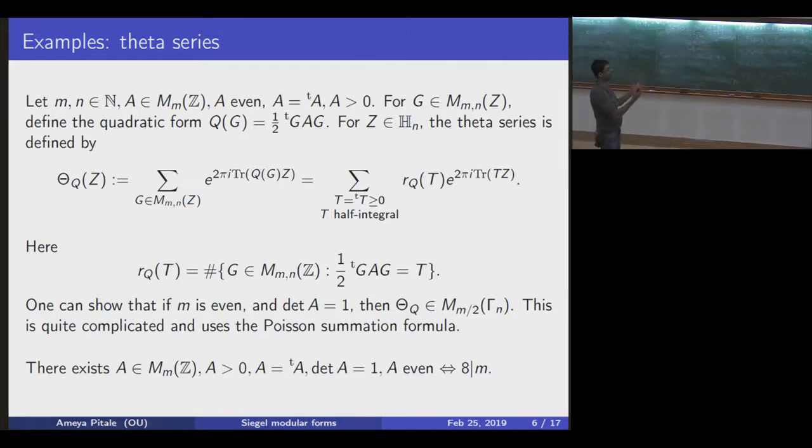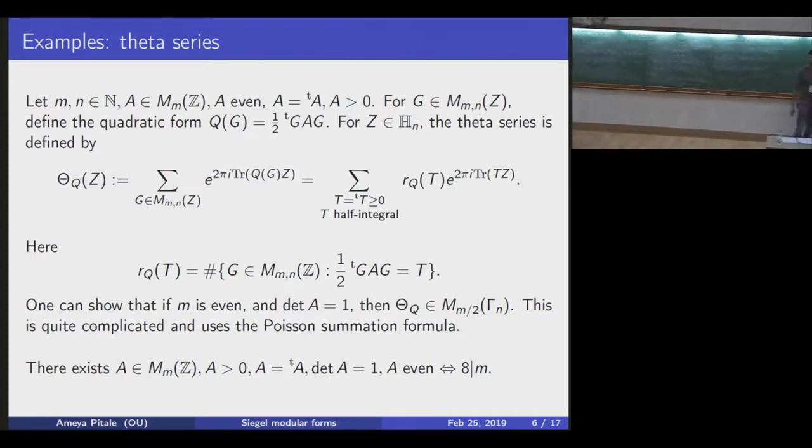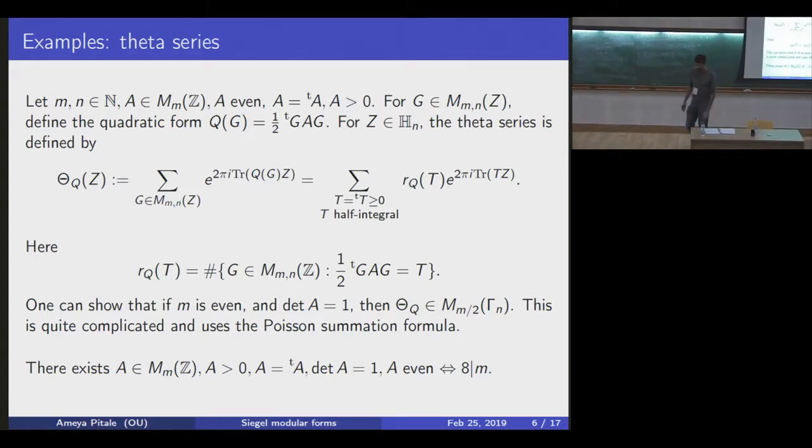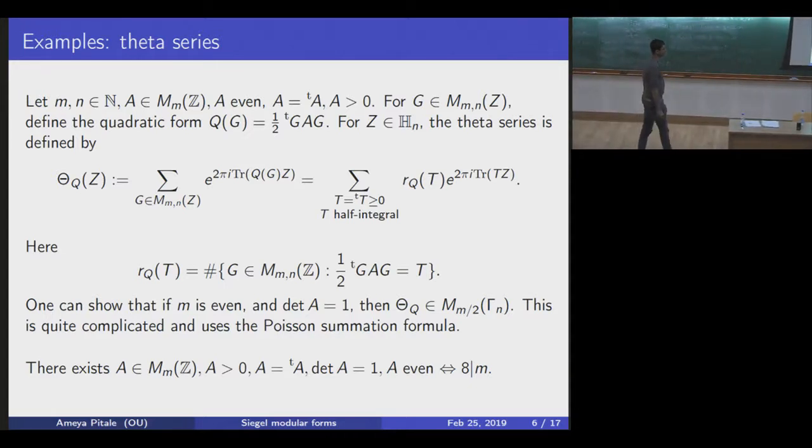And so this gives you a class of examples. Of course, this is not a cusp form, because if you take t equals 0, then r_Q(0) is not 0 already. So clearly not cusp forms. It will take us quite some time to come up with any example of a cusp form for the Siegel modular case. But this is our first example.